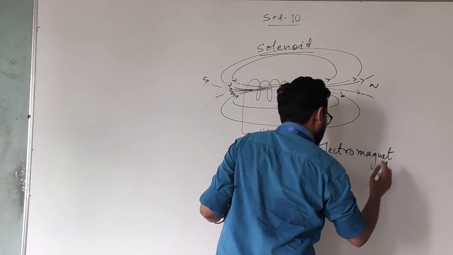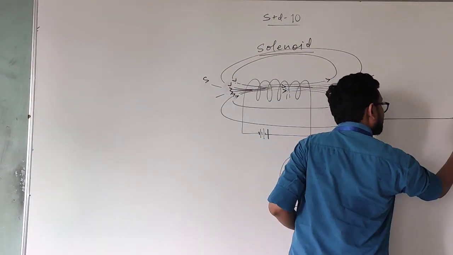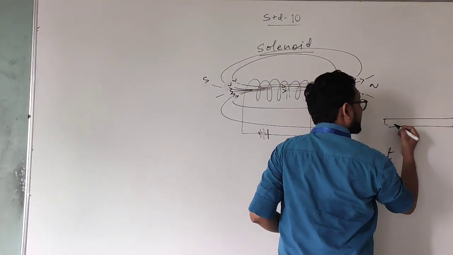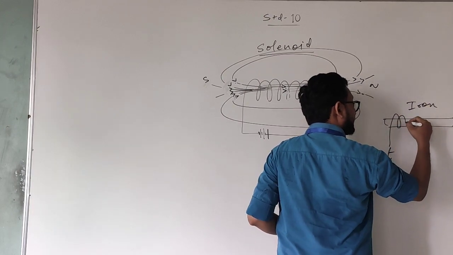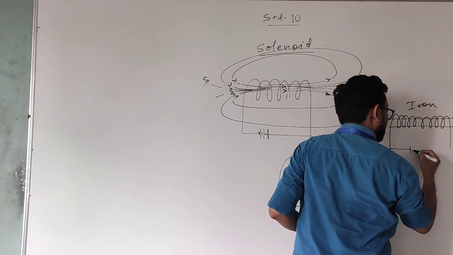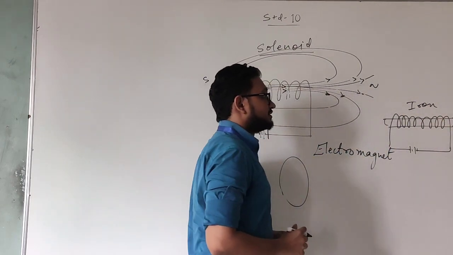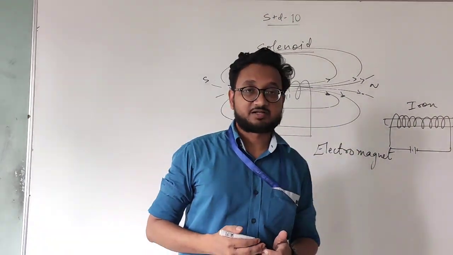So what is an electromagnet? An electromagnet is nothing but a metal conductor, preferably copper or iron, with n number of turns wound around it and connected to a battery. Such a setup is called an electromagnet.